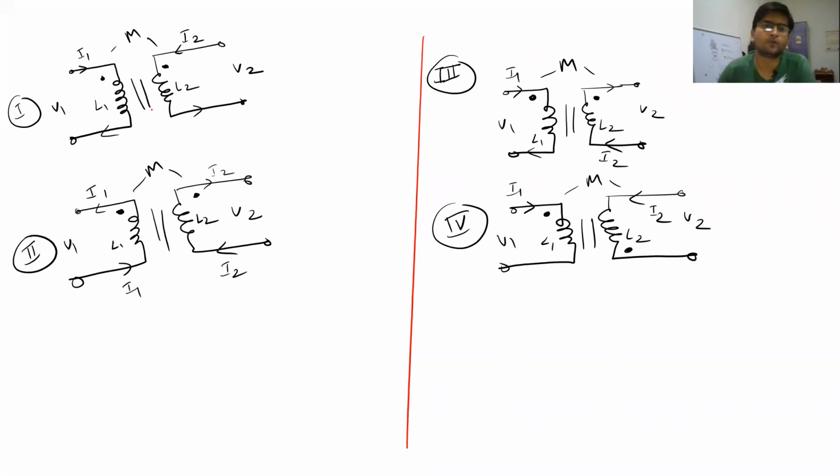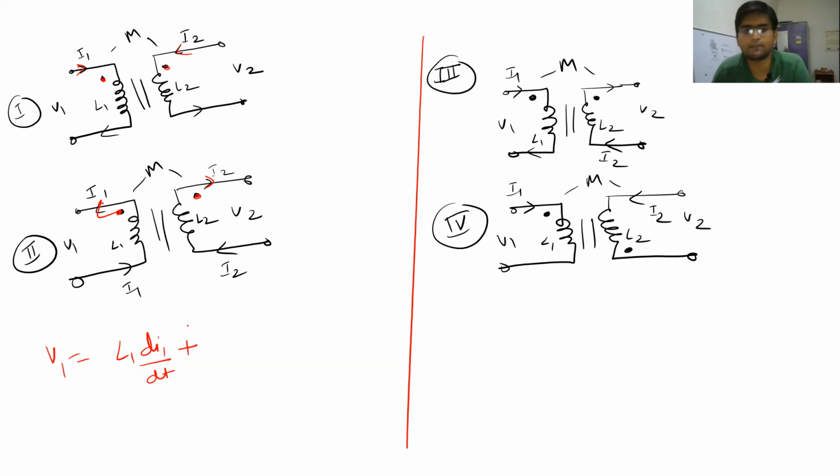So you can see the four cases of these mutual inductance circuits. In the first circuit, you can see that both these currents are entering at the dot. And here also you can see that both these currents are exiting at these dots. So for both these circuits, the equation for V1 will be L1 di1 upon dt plus mutual inductance.